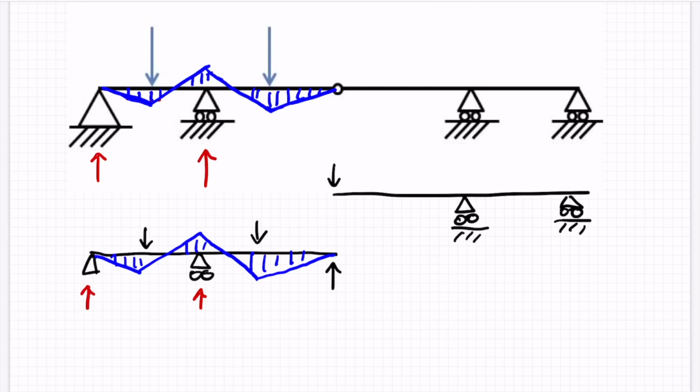Let's take moments around this point here. Because we know we've got a vertical shear force down here, that will want to rotate the structure in the anti-clockwise direction around that point.